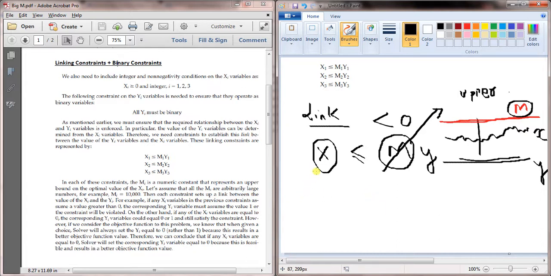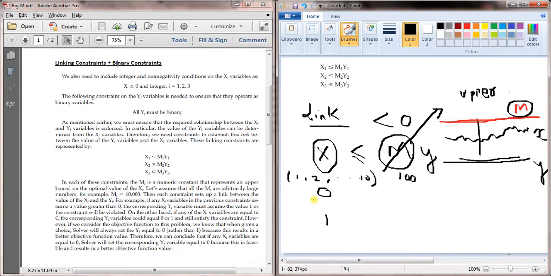We have two cases: if x is produced or x is not produced. Let's say x can take values from 1 to 10, and m be, let's say, 100.